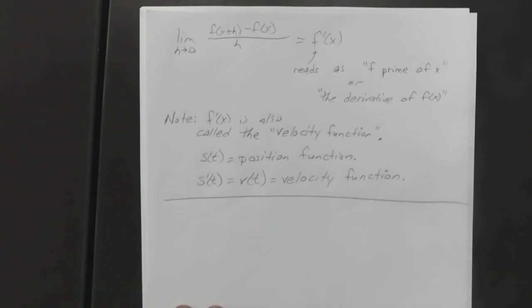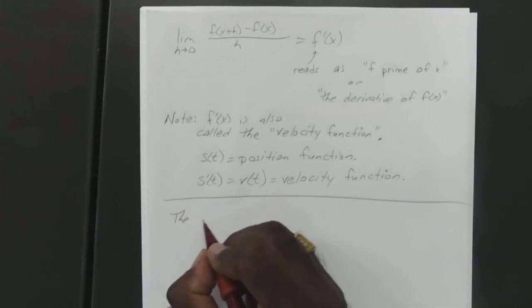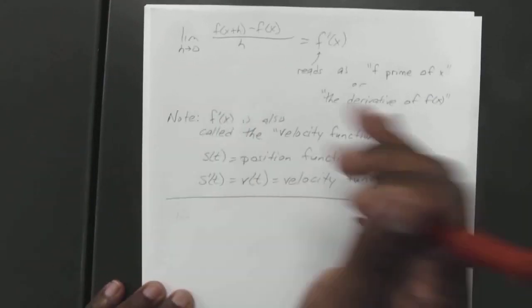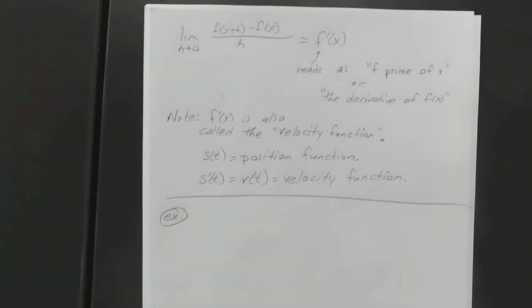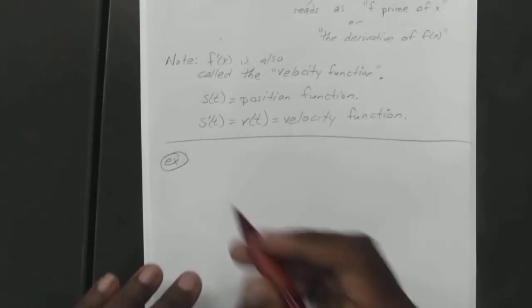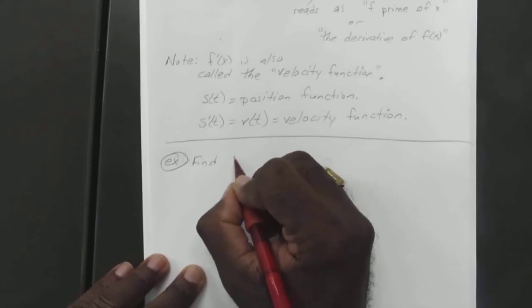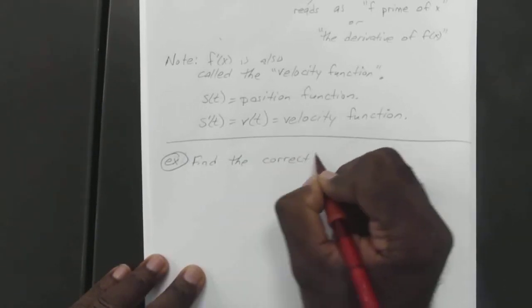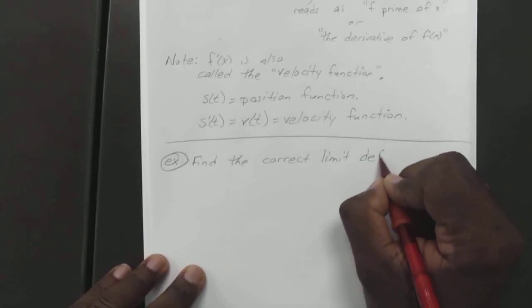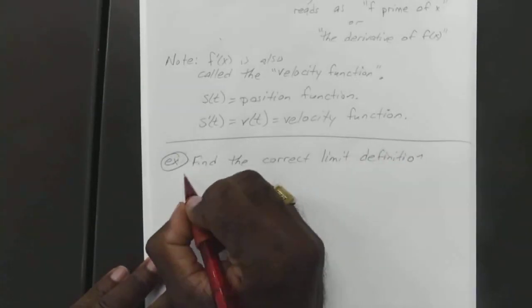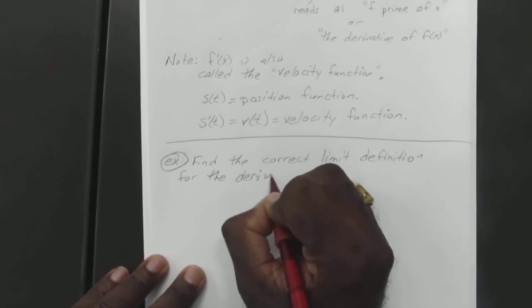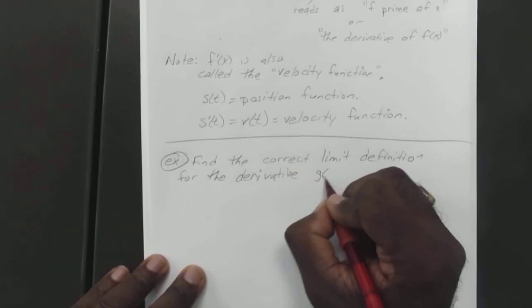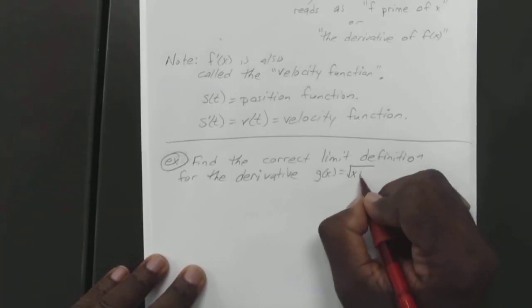Okay, so let's say, for example, if you wanted to find the correct limit definition for the derivative of g of x equals square root of x plus 1.